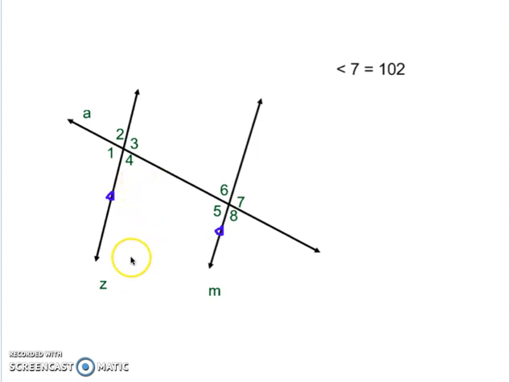So if I take 180 degrees minus our 102, then I know that I should be left with 78.